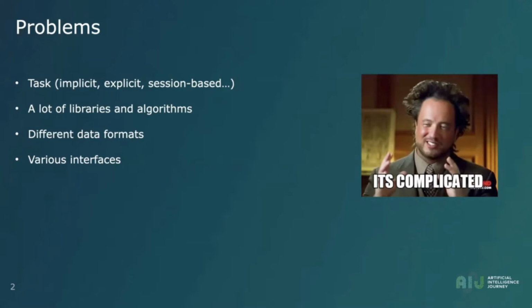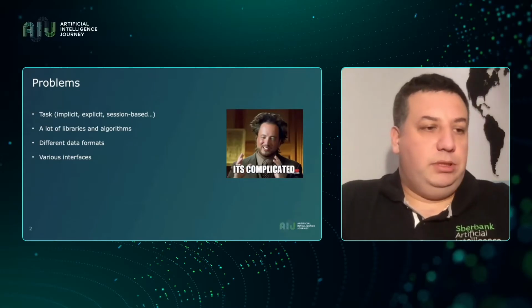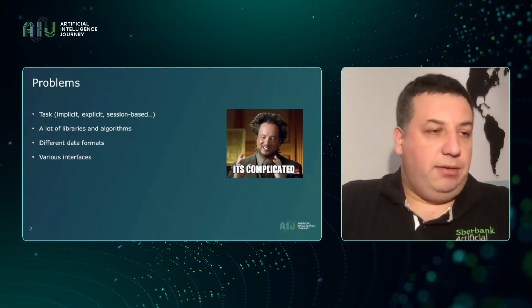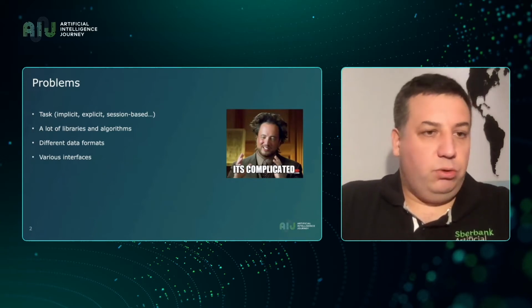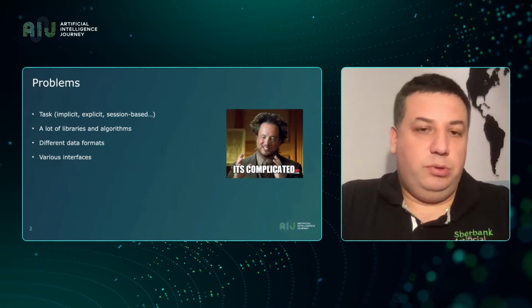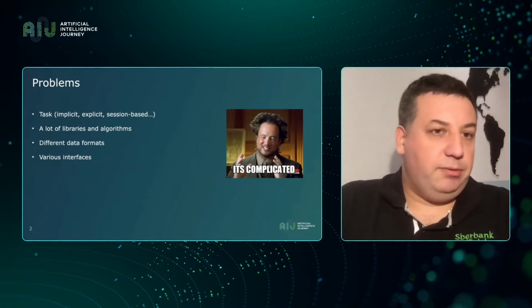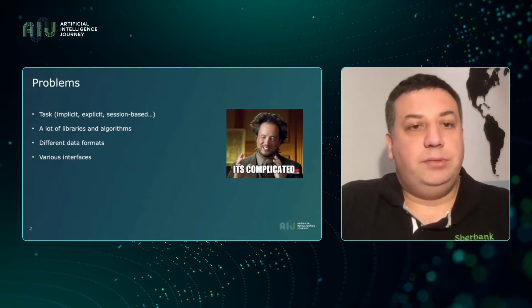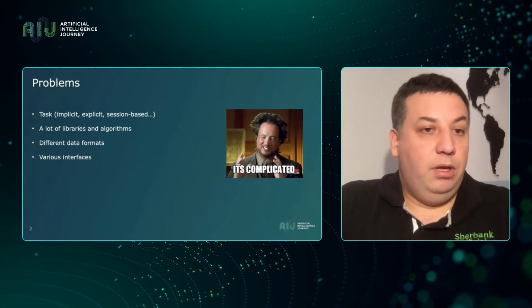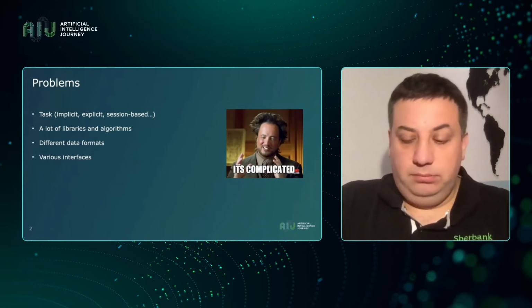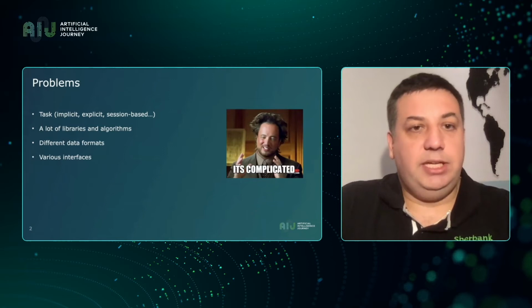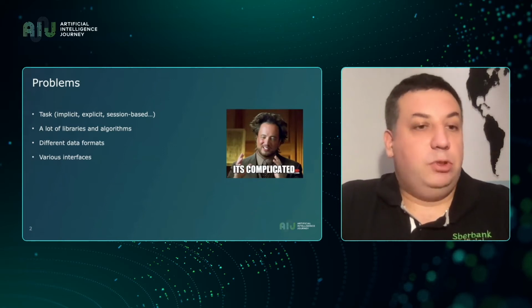So, what are the problems that we're facing here? As a matter of fact, various libraries represent different data formats. For example, in one library data may be presented in one format, in another library in a different format, and in the third library, a third format. So, in order to compare the algorithms, the scientist would have to transform the data and write some pieces of code.